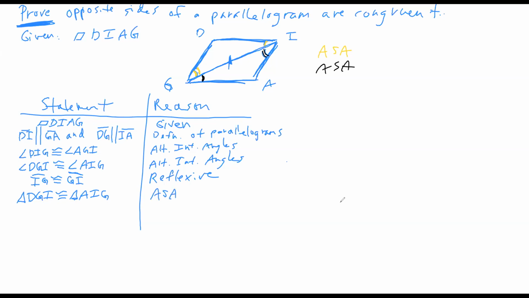From there, we can get that opposite sides of the parallelogram are congruent, because once we have these congruent triangles, what we are able to say at this point is, let me get a color here. We can say, hey, this side here in orange coming out of the angle marked with 2 is the same as this side here, coming out of the other triangle's black 2 angle marks at I. So those segments are now congruent from corresponding parts of congruent triangles.